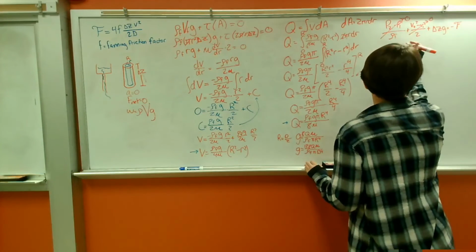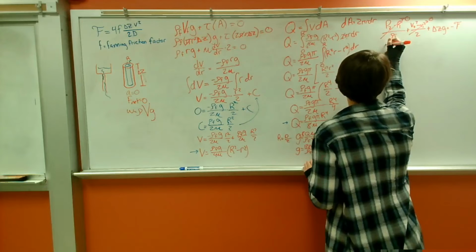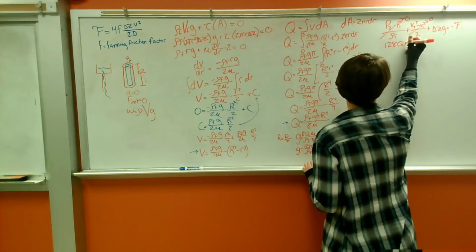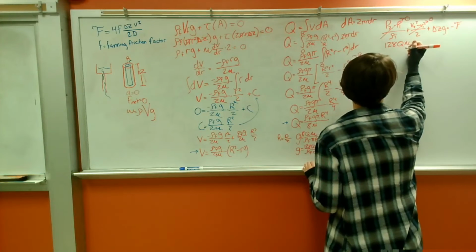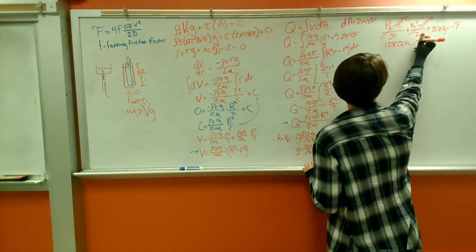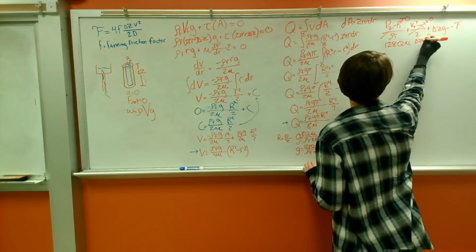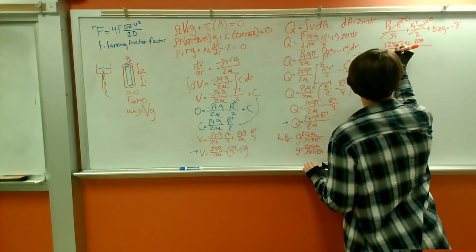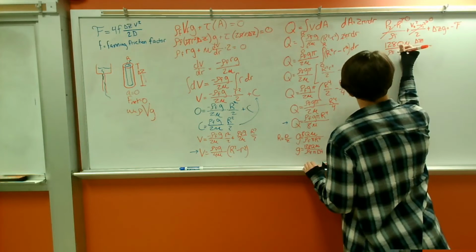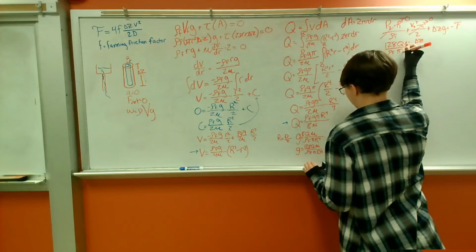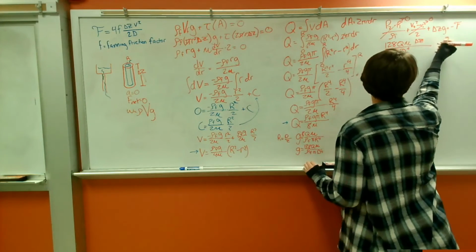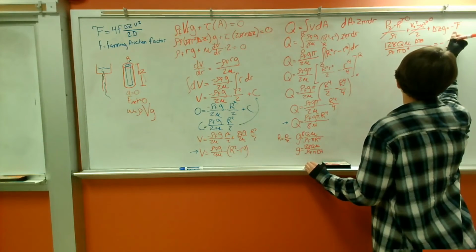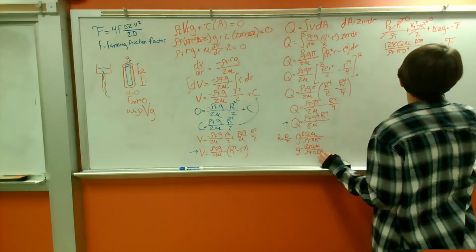So we've got that 128 q mu times delta z over density of the fluid times pi times d to the 4th is equal to the negative of the friction factor.